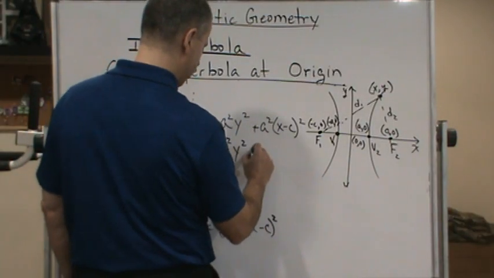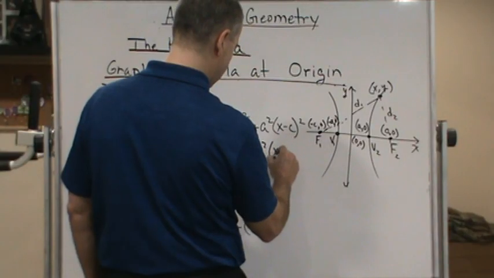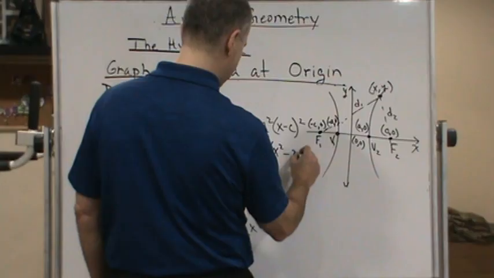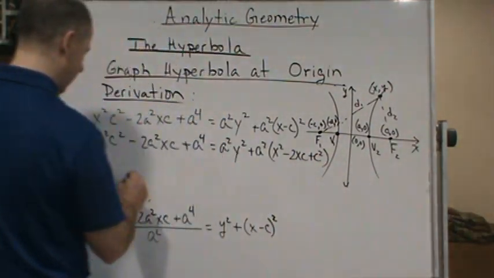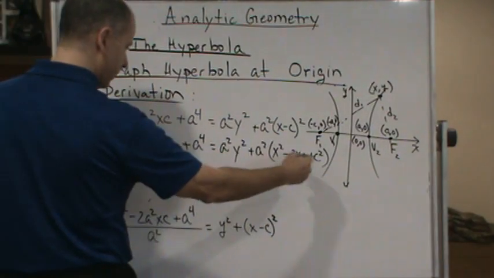And then this is going to give me plus a squared times, this is going to be x squared minus 2xc plus c squared. And so now I'm going to simplify this.